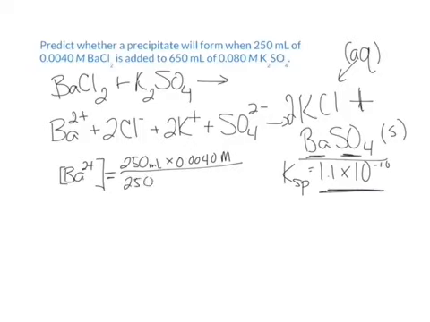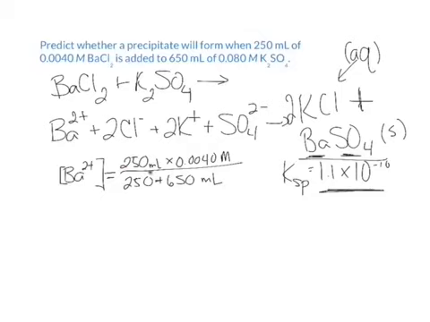You started with 250 milliliters of the barium chloride, and then you also have 650 milliliters of that potassium sulfate.